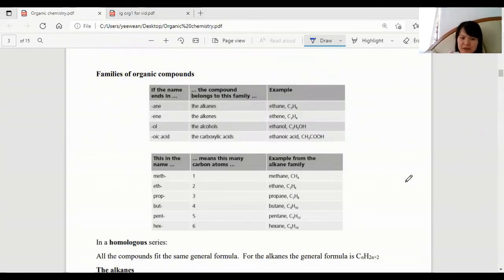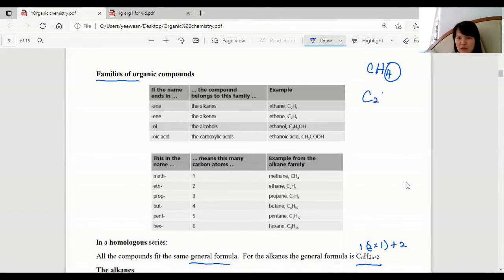You might have heard me mentioning homologous series just now. What is this homologous series? So something that is in the same homologous series, or they're in the same family, we call it, the same family of organic compounds, then they will all fit the same general formula. For example, alkanes, their formula is CnH2n+2. So we did draw that methane, so C1H4. So 2 times 1 plus 2, that's 4.